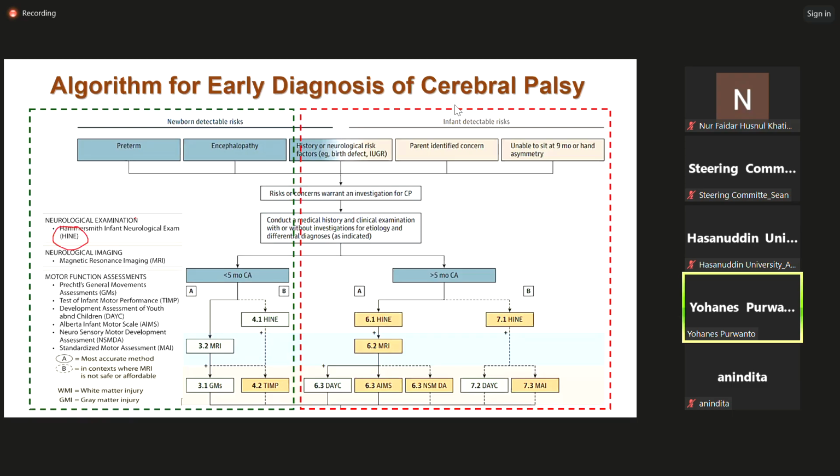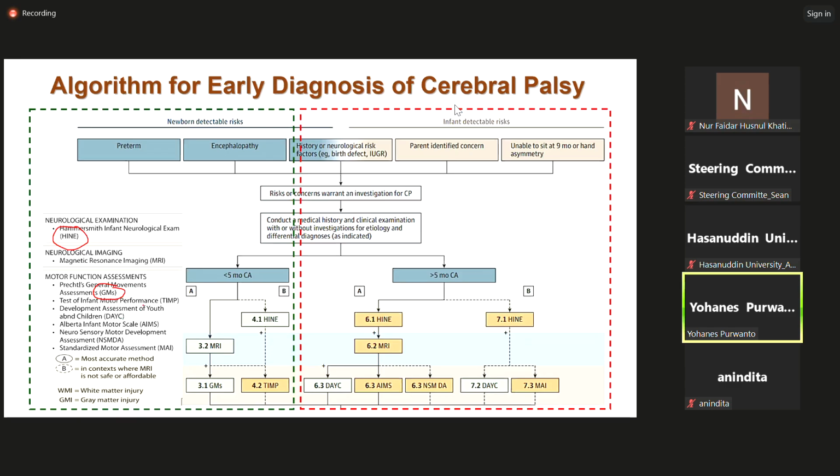For the motor functional assessment, the most popular and most recommended is the general movement assessment. I saw in the schedule that Professor Hirotaka from TMU will give you a lecture about the general movement assessment.